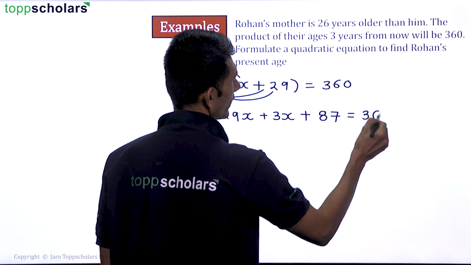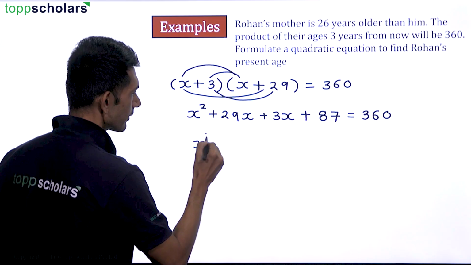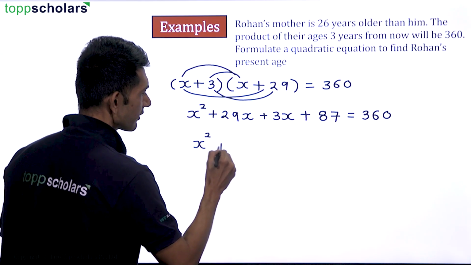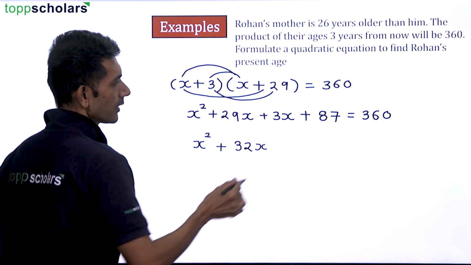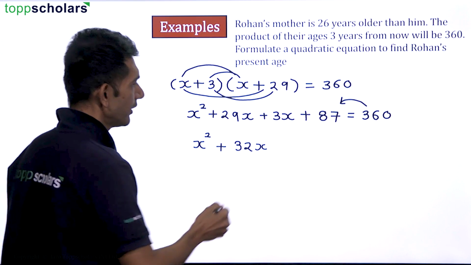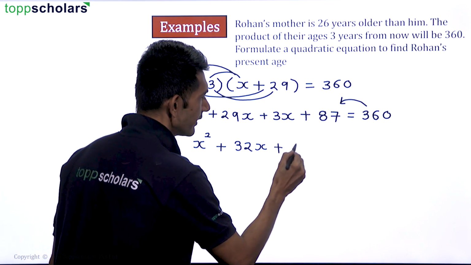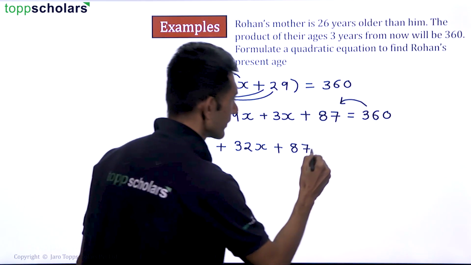Is equal to 360. Now this becomes x square plus 32x, right? And then transpose 360 to the left hand side. You get plus 87 minus 360.